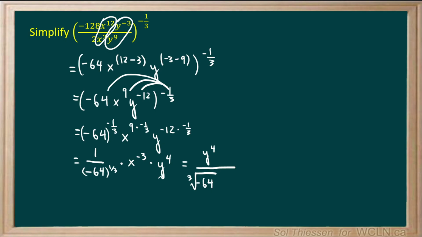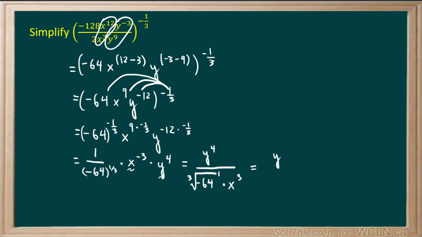So remember, when converting from exponential to radical form, the denominator of the fractional exponent is the index of our radical, and the numerator is the power that our radical is being raised to, and raising to the power of 1 is implied even if you don't write it. So we don't have to write that 1 anywhere, although we could if we wanted to, we could write it right there. And then we'll also have x to the power 3 in the denominator. So we got rid of the negative by moving the variable to the denominator.